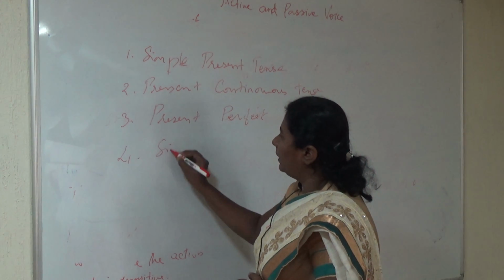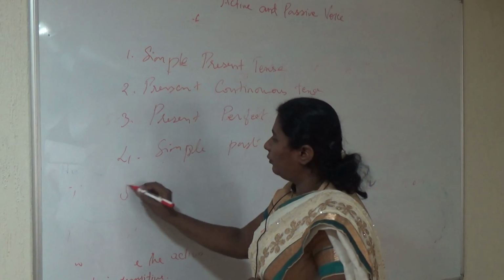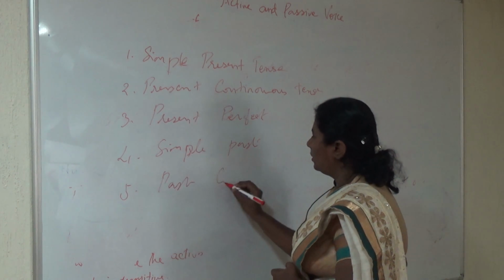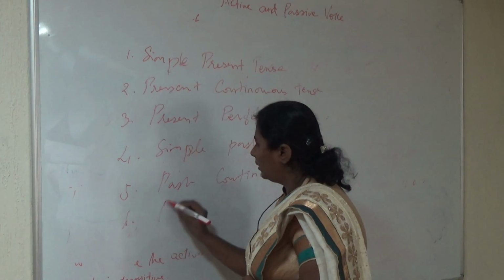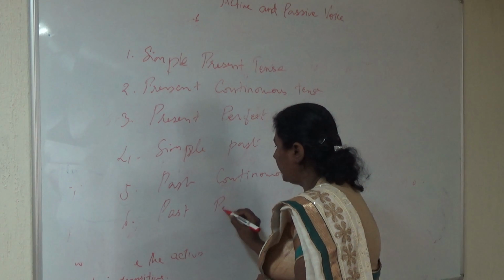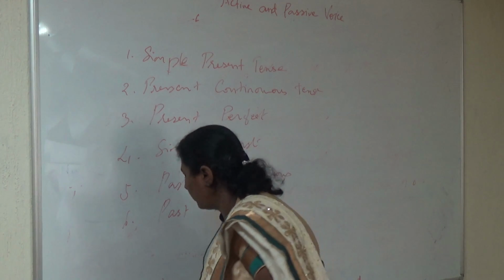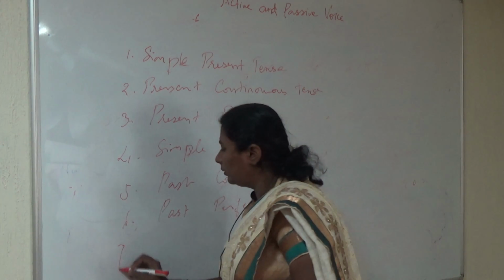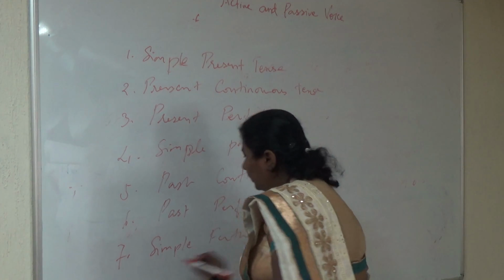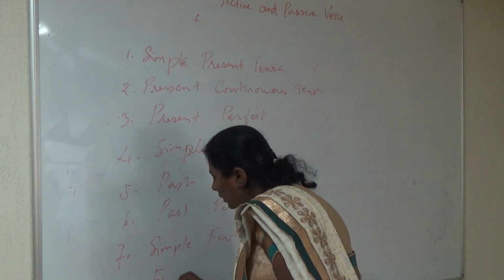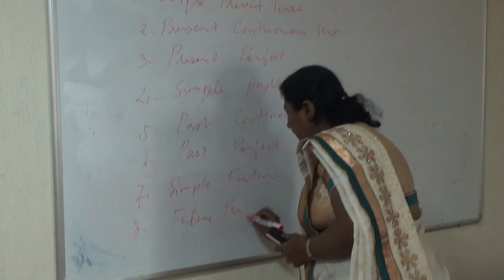Fourth, simple past. Fifth, past continuous. Sixth one, past perfect. Seventh one, simple future. And eighth one, future perfect tense.